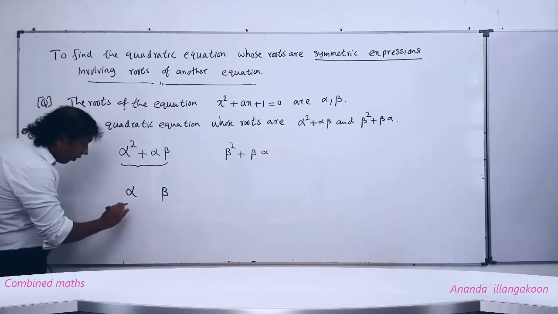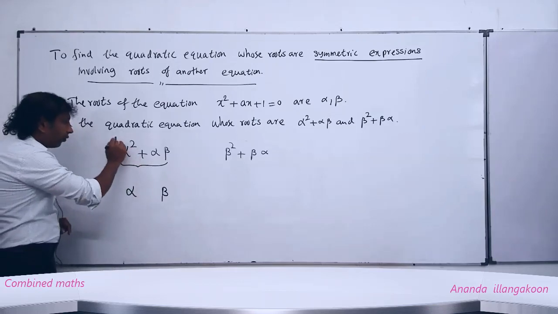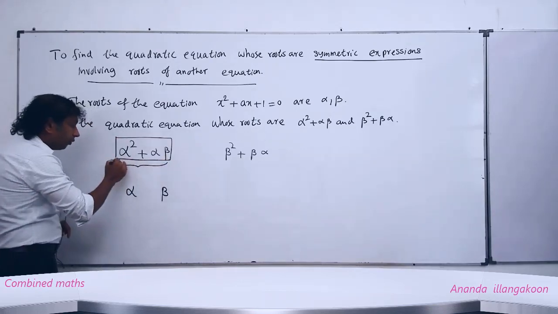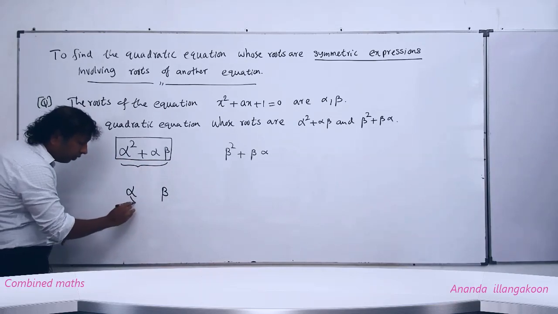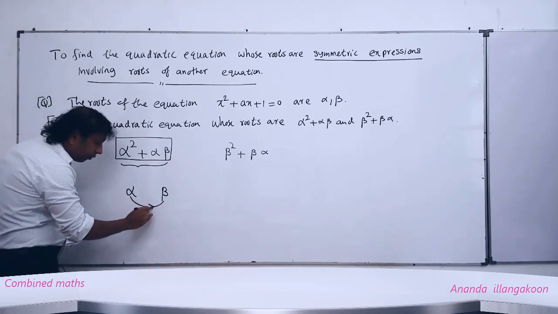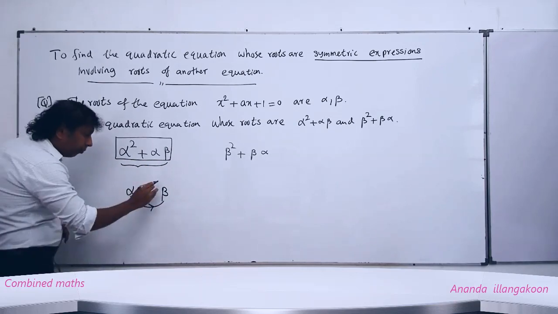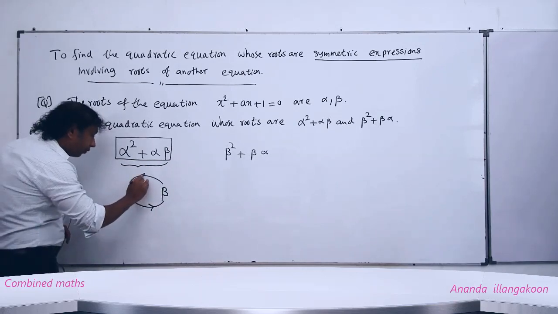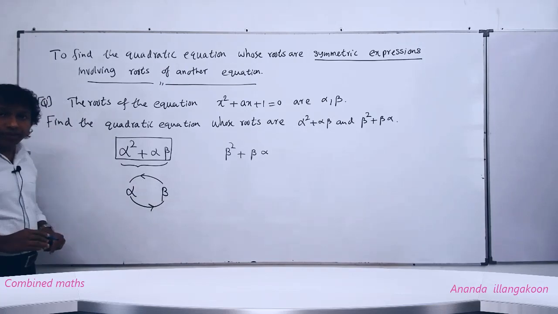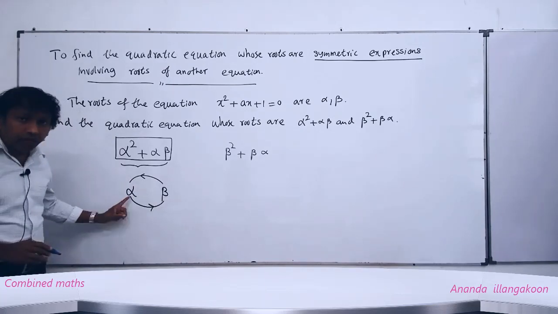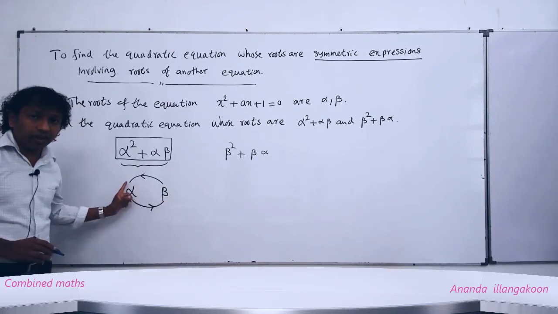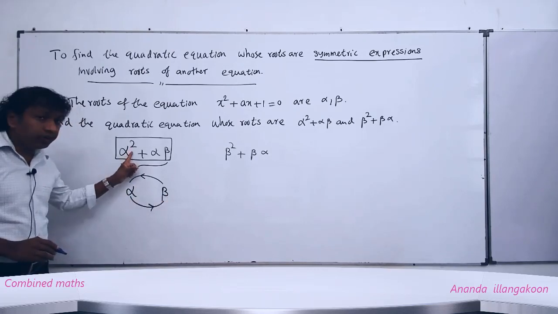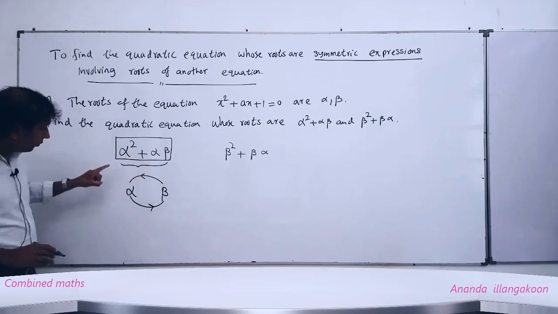In this expression, this alpha we replace by beta, and this beta we replace by alpha. That means for every alpha, we write beta, and for every beta, we write alpha, in this given expression. Then see what happens.